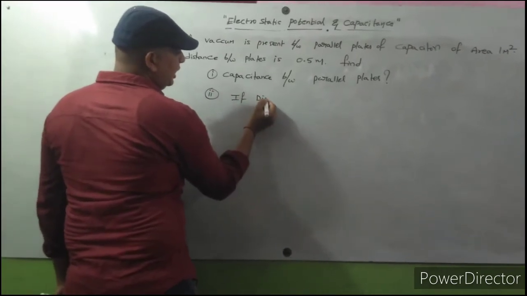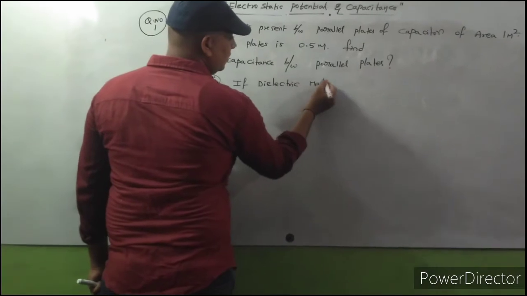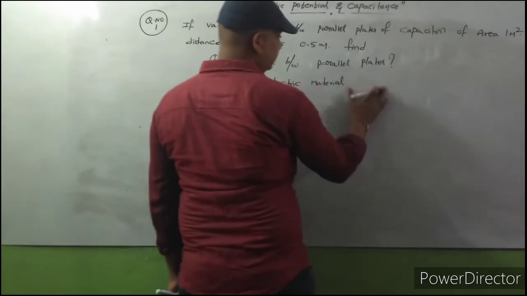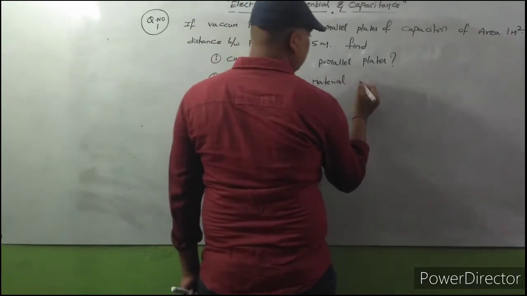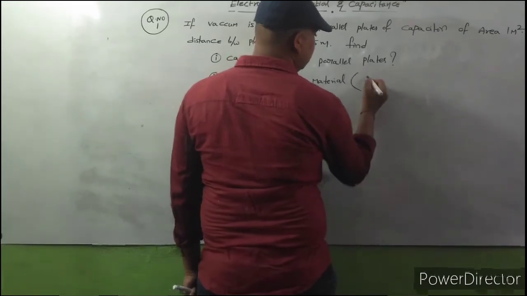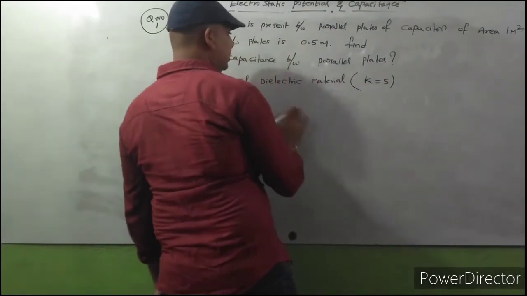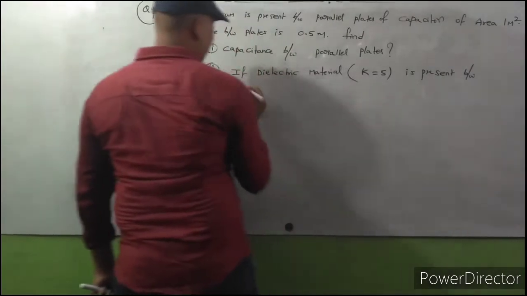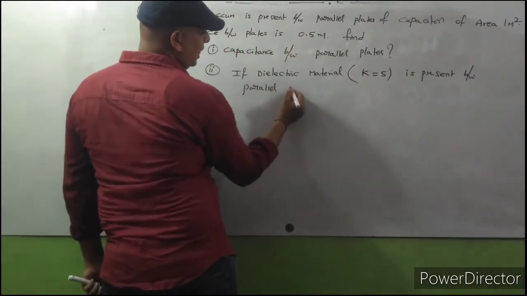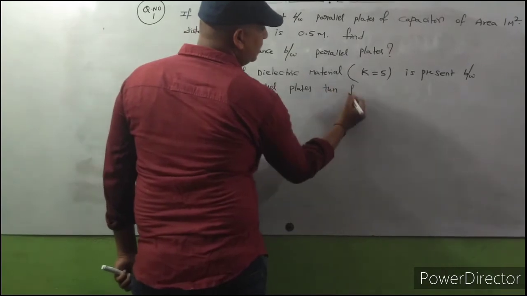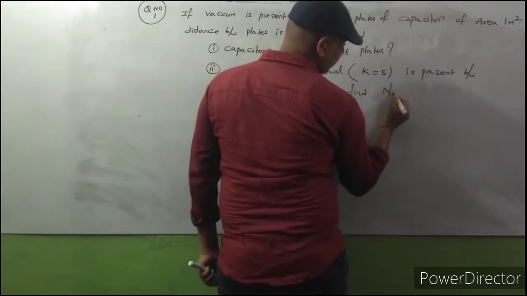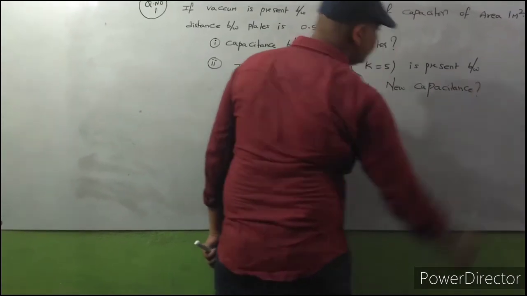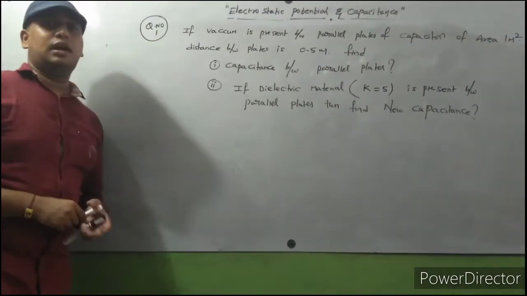If a dielectric material with K equal to 5 is present between the parallel plates, then find the new capacitance. This is the question, so please observe it carefully.